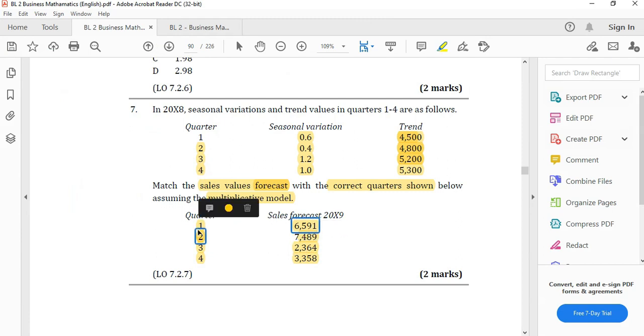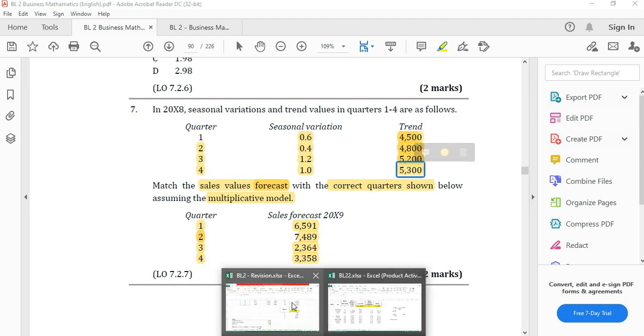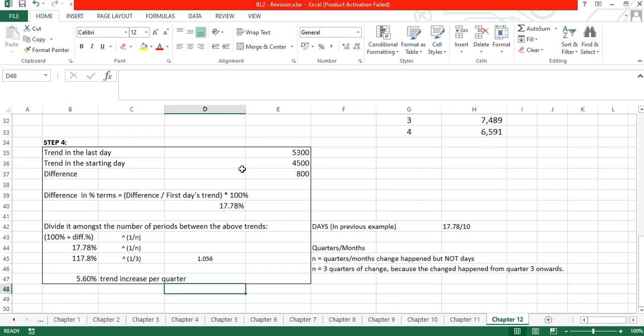So remember, never start with the initial trend; always start with the final trend when you are filling this table. Also remember another key point: when taking the difference and the trend change per quarter, be mindful if the period is in months or quarters, and take the power of 1 divided by n.